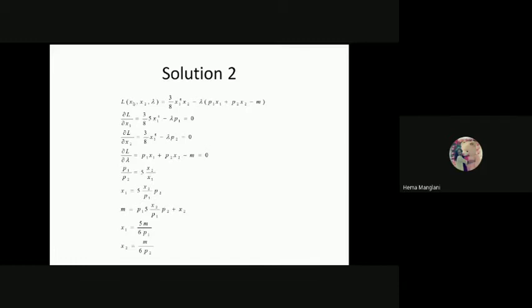Okay, so this gives you the three conditions based on the first order condition with respect to x1, x2, and this lambda. Then further you substitute the value which you will be getting from this, p1 by p2, which is actually your MRS. Then you just replace this value, and from this itself you got this x1, and then you put it in your budget constraint.